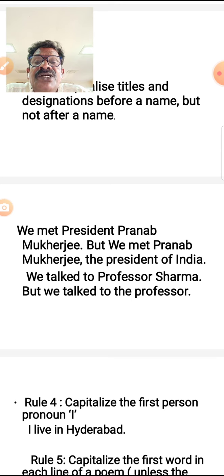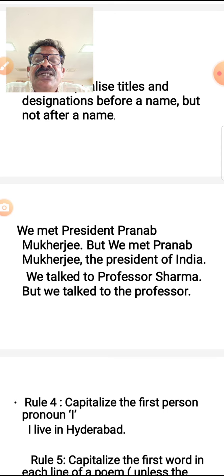But now let us come to why not after a name. But we met Pranab Mukherjee, the President of India. It should not be like that. And now let us come to the second example. We talked to Professor Sharma, but we talked to the professor.